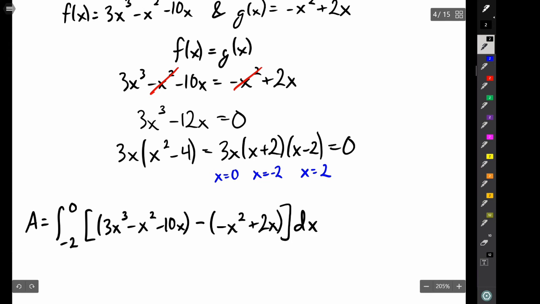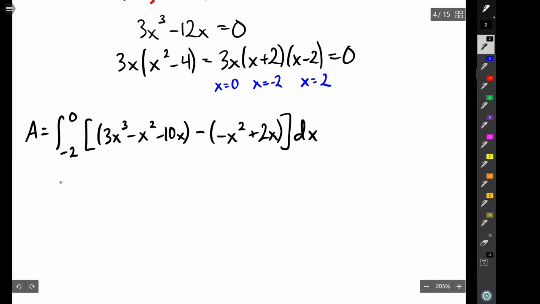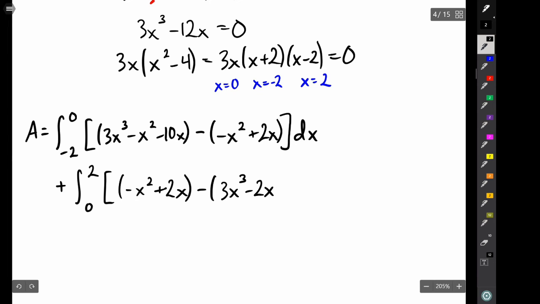Okay, that's for the first integral. And then for the second integral, that one's going to be from 0 to 2. These are in the opposite order. So we have -x squared plus 2x minus (3x cubed minus x squared minus 10x) dx. Right?